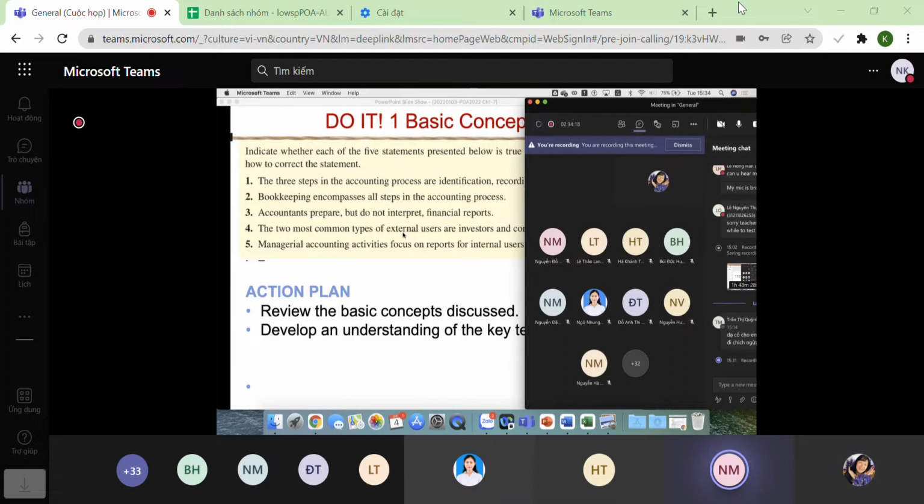Financial accounting system. The information user, I mean external user, can ask for information directly or indirectly.